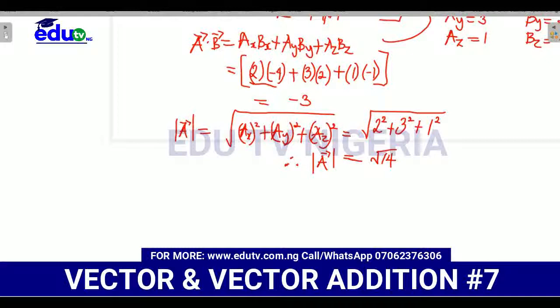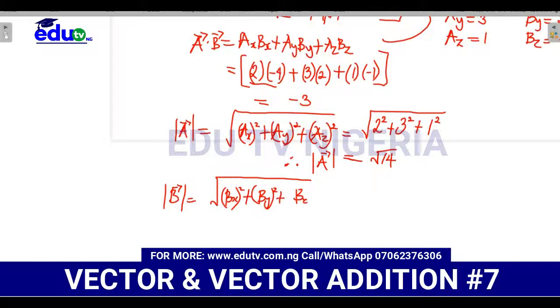The magnitude of vector B. We have bx square plus by square plus bz square.